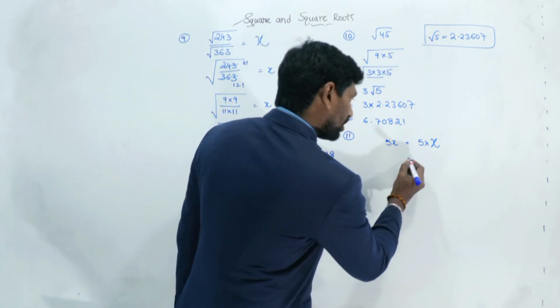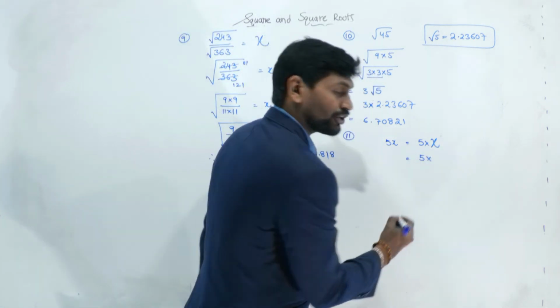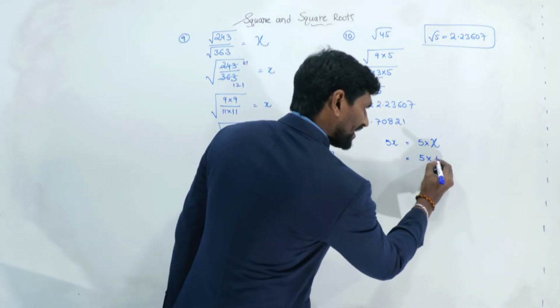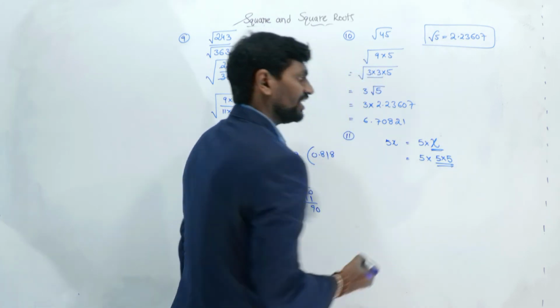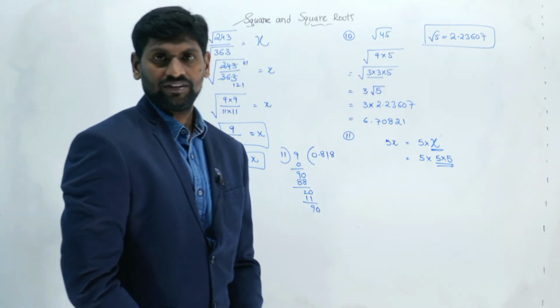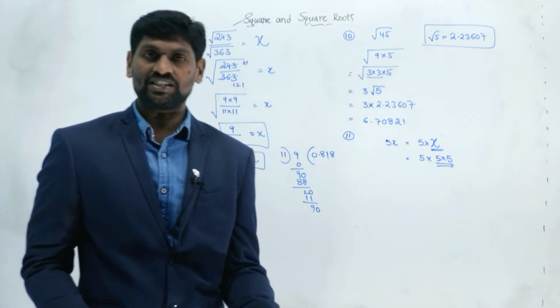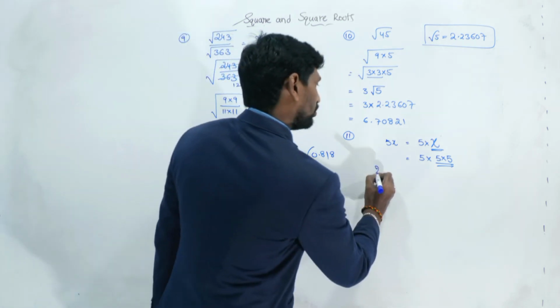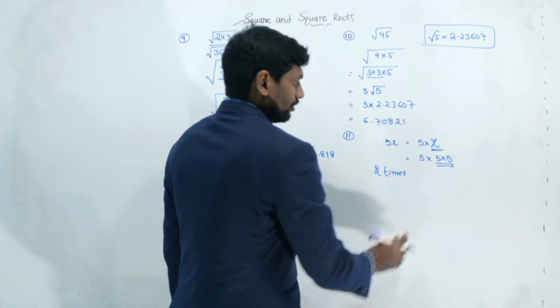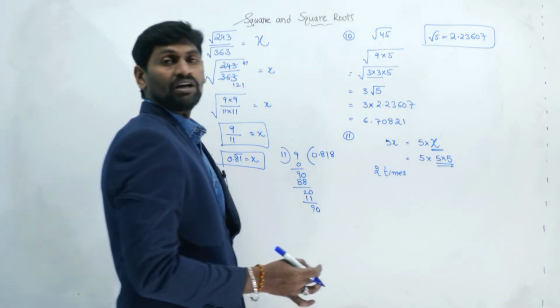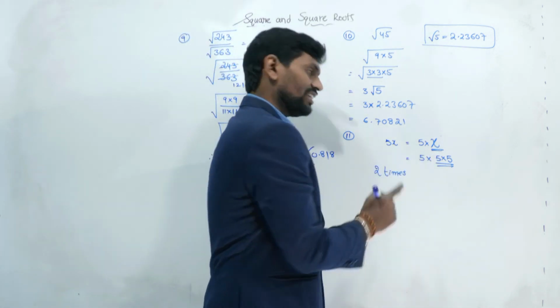What is the least number of times 5 must be present to become a cube number? A cube number means 5 into 5 into 5. So in the place of x I can write 5 into 5. So how many times are there? 2 times. Answer is 2. We need 2 fives in x to make it a perfect cube, because one 5 is already there.